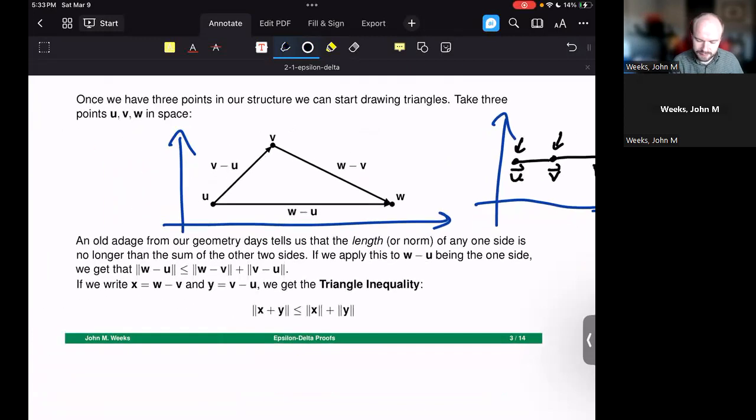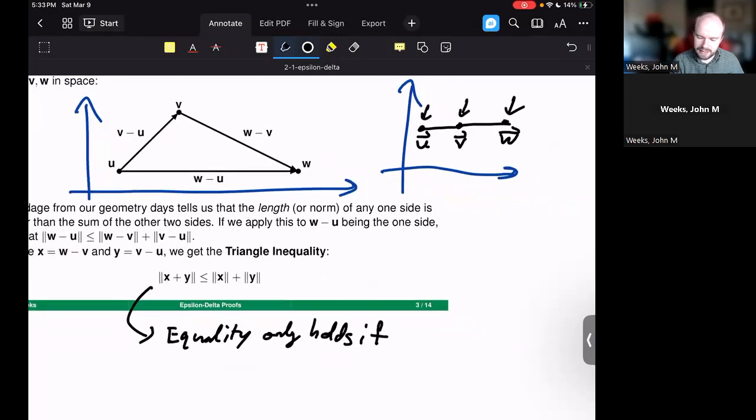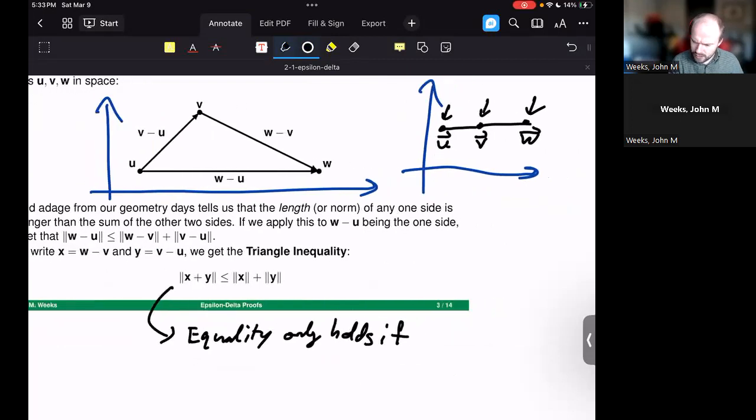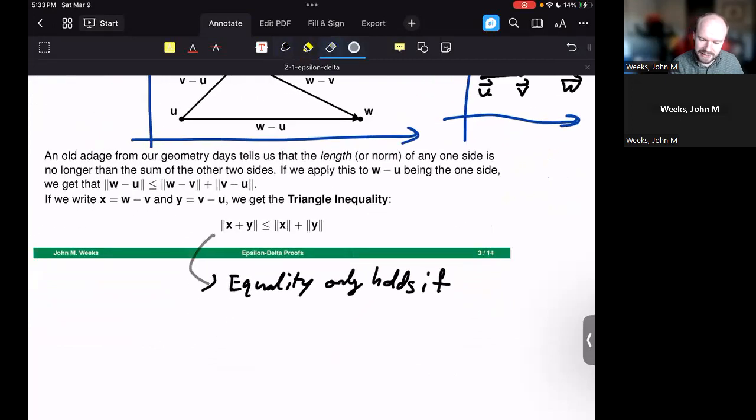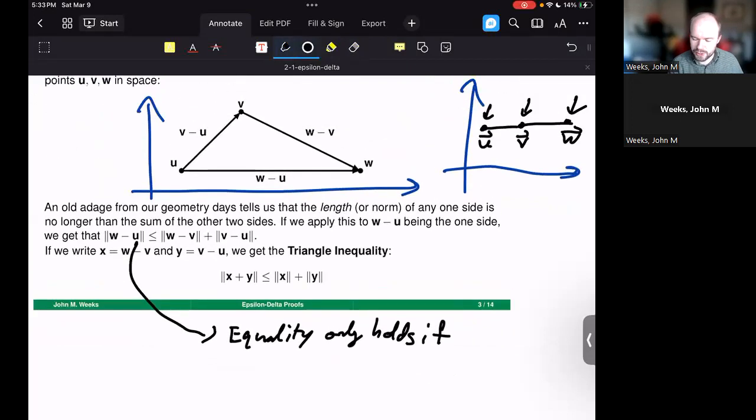So whenever I have something like the triangle inequality, I could be writing this up here with these words if I need to: the triangle inequality, equality only holds if the vectors given by, in this case, this would be x, let's see, the vectors x and y, but we have to say some specifics about them. So why don't I say instead that I'm looking up here at this line because it's a little bit more geometrically intuitive for us.